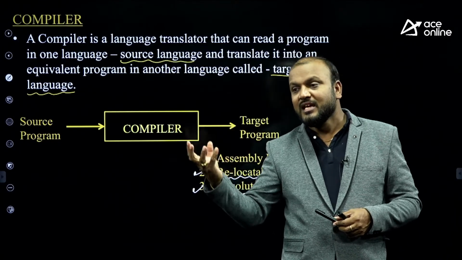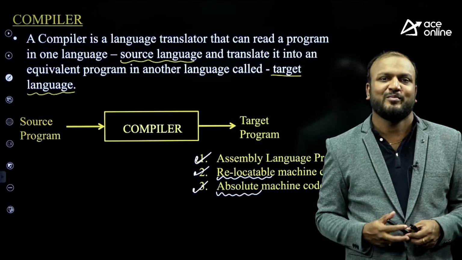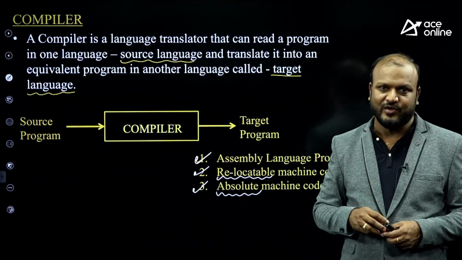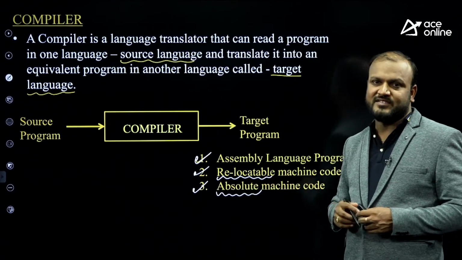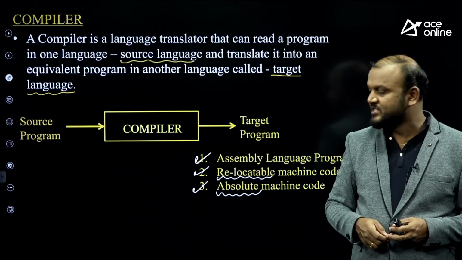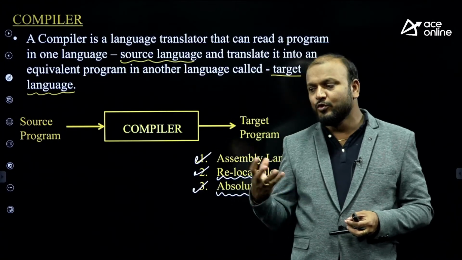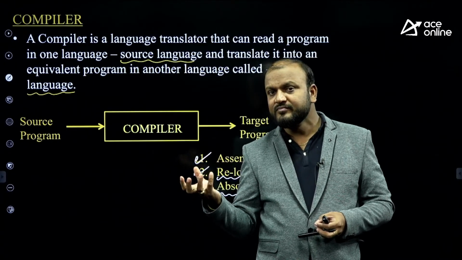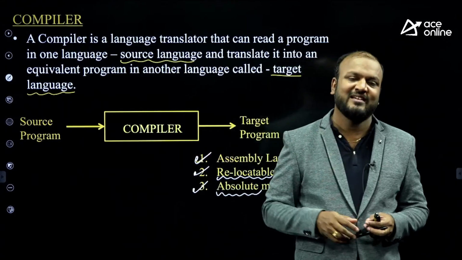Why? Because for that executable code to be executed, first it should come into main memory and occupy some fixed locations in the main memory. So it is going to take absolute addresses. When it comes into the main memory, then it is called absolute machine code. So who takes care of loading that program from secondary memory to main memory?